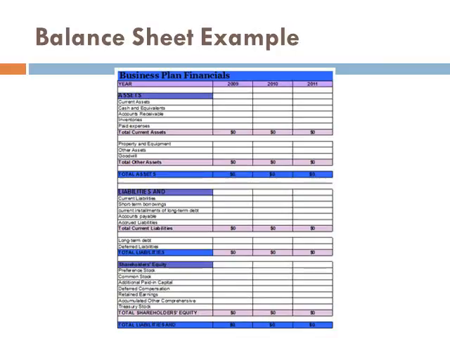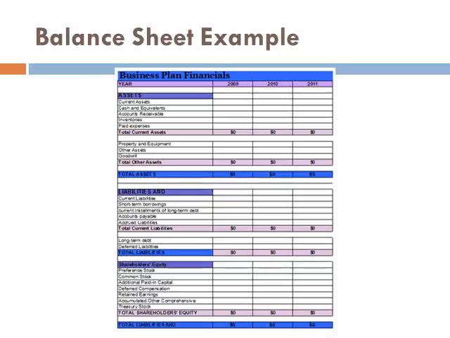One of the other financial documents that you're going to need to include is a balance sheet. A balance sheet is a point in time reflection of how the business is doing. It's divided into 3 different sections: assets, liabilities, and shareholders' equity. The assets have to balance and match the combination of liabilities and shareholders' equity.